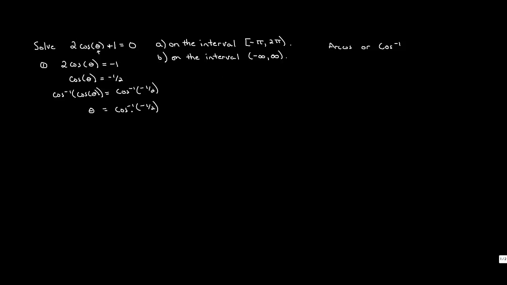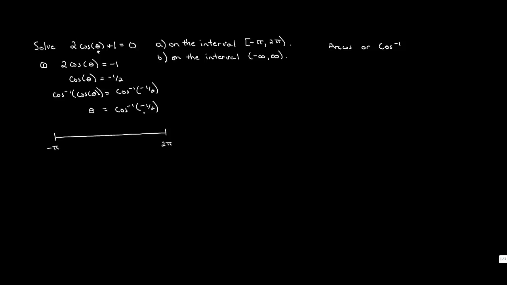So what that means is the following. We need to first find all the solutions on this interval, -pi to 2pi. So here's -pi. Here's 2pi. Now by definition, arc cosine is only going to kick out one answer on our calculator or with the computer program.